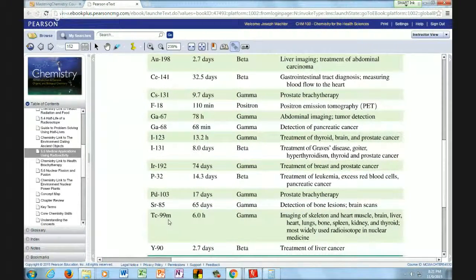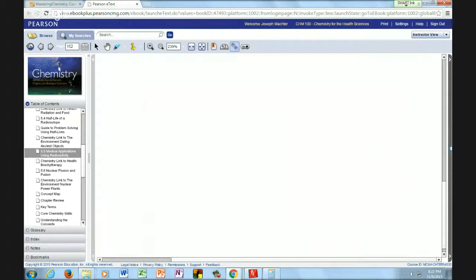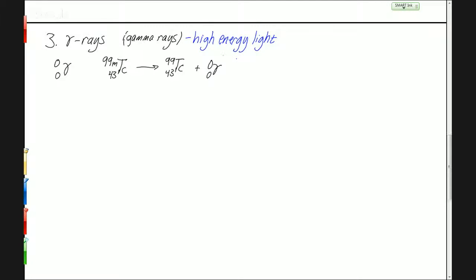Specifically, this one is used in all kinds of imaging of pretty much any kind of organ. So if you need some specialized imaging of any of your organs, chances are that's one that you'll encounter. It's pretty safe in the doses that it's used, and very effective. All right, so this thing's being super slow right now, so we'll just move on.